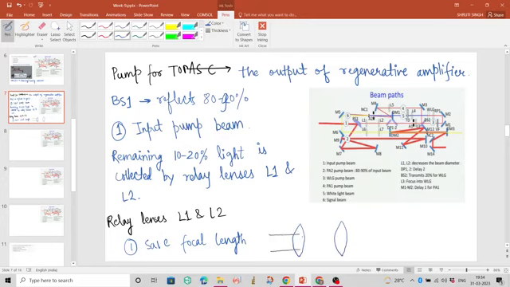It's a convex lens, so when the beam hits it, it will be focused to a point. Since these two lenses have the same focal length, this is the focal length of this one and this much only is the focal length of this other lens, and these two are kept at a distance such that their focal lengths match each other. So this one is the focal length for this lens also and for this lens also.